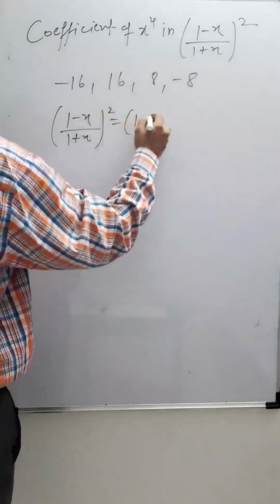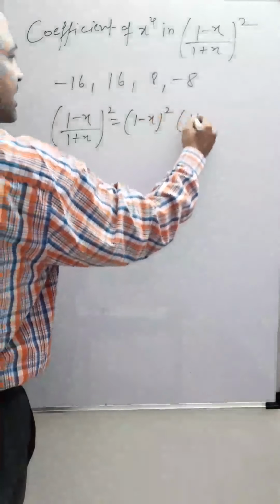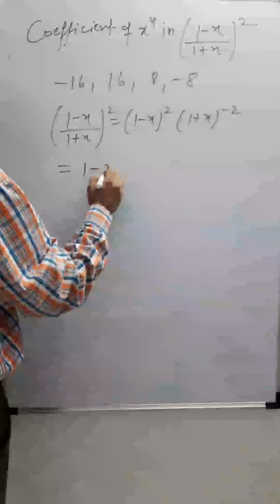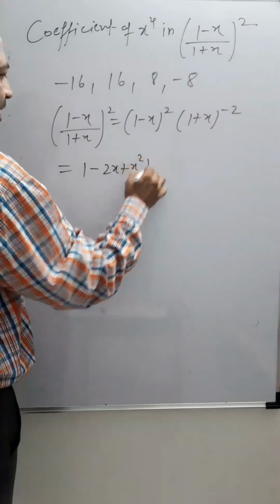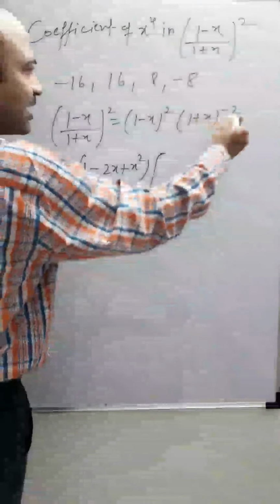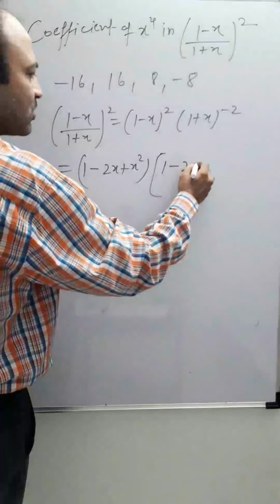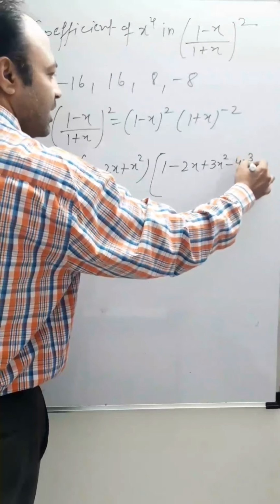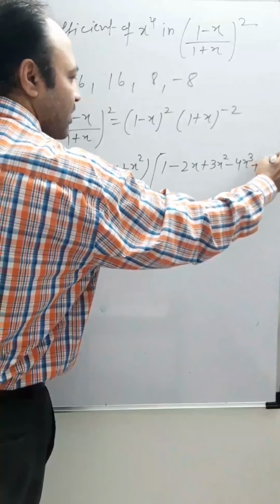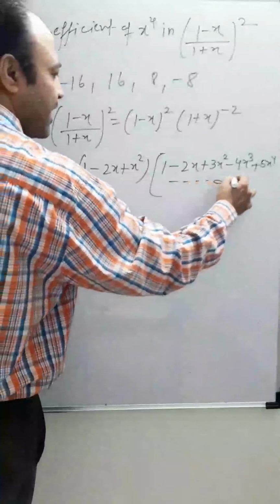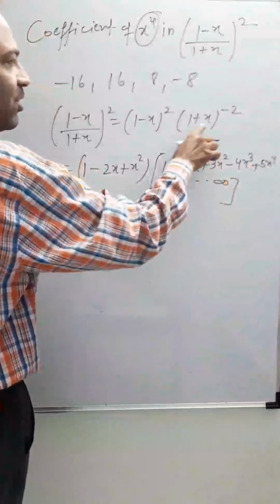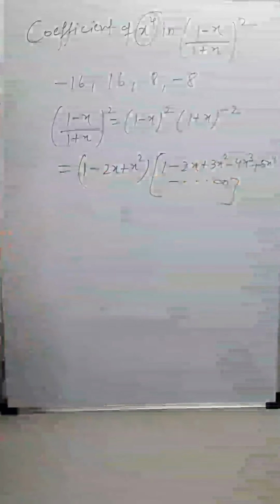What can we write? 1 minus x whole square, 1 plus x to the power minus 2. Fine. This you can expand as 1 minus 2x plus x square, and here you expand this minus power: 1 minus 2x plus 3x square minus 4x cube plus 5x to the power 4 minus dot dot infinity. See, x to the power 4 we are doing, so we must expand, and we know 1 plus x to the power minus 2, this way it can be done.